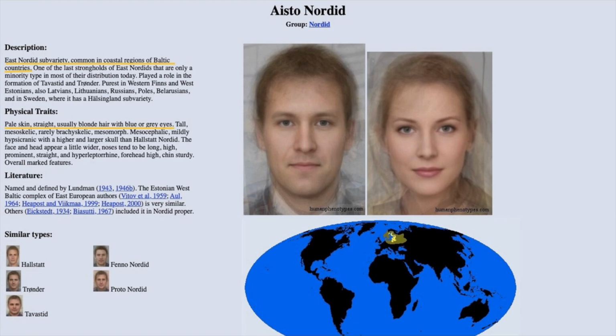And then you have the Aristo-Nordic, Eastern or East Nordic subvariety, common in coastal regions of Baltic countries, pale skin, straight, usually blonde hair with blue eyes or gray eyes.